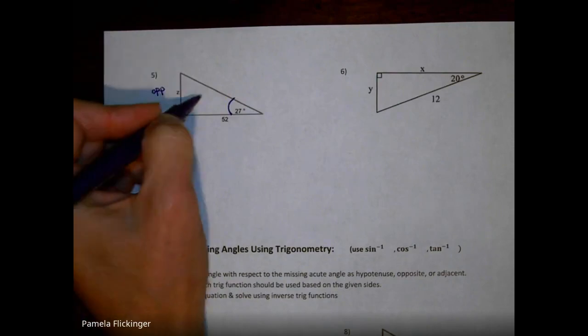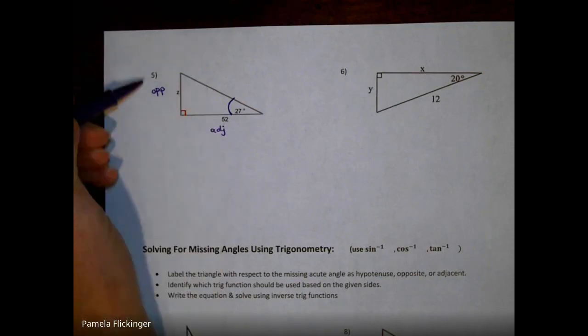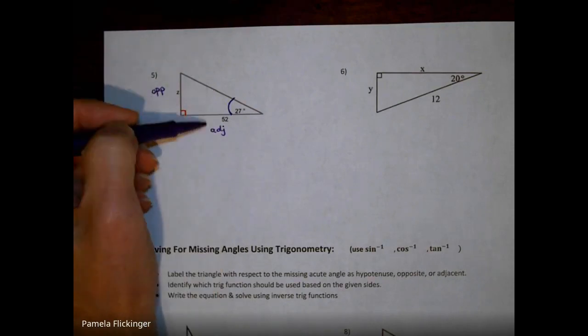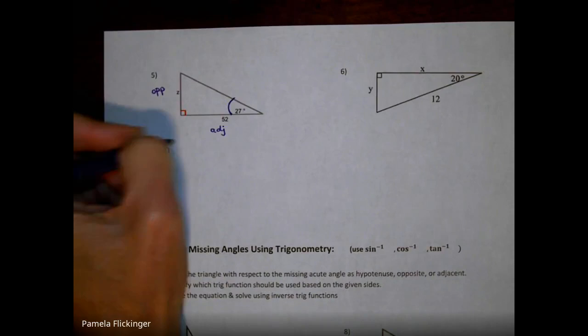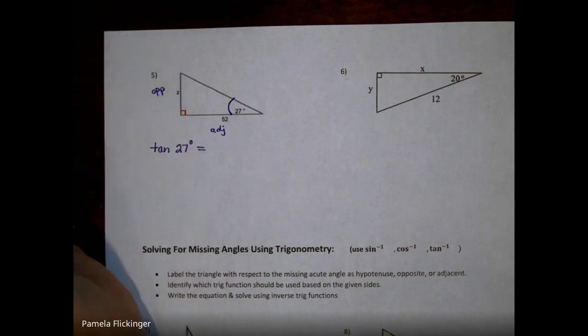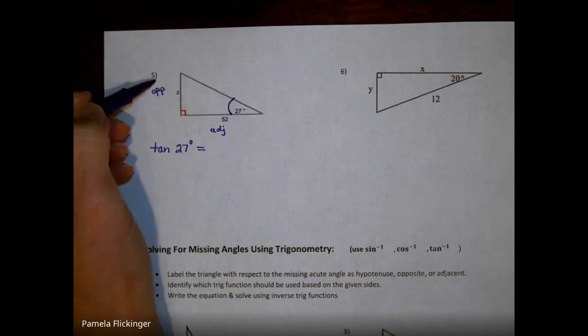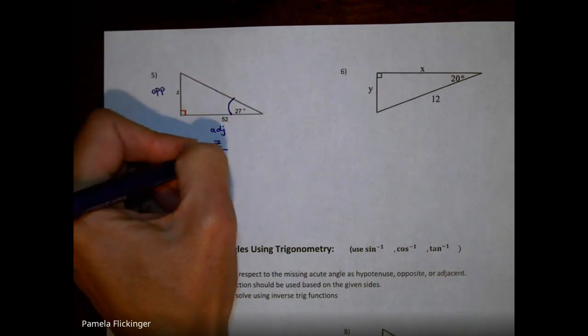And let's see, I don't have the hypotenuse, so that makes the 52 the adjacent. So this time I'm working with opposite and adjacent. That's my tangent. So I'm going to do the tangent of the angle measure, 27 degrees. And again, make sure you get the ratio right. It's opposite over adjacent. So this time it's going to be Z over 52.